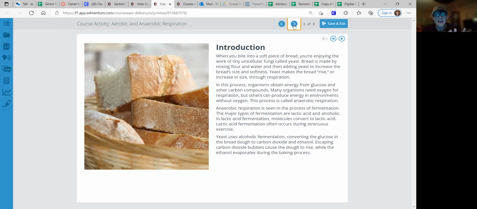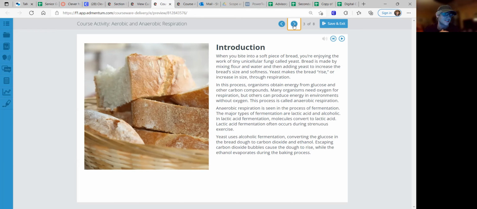Yeast uses alcoholic fermentation, converting the glucose in the bread dough to carbon dioxide and ethanol. Escaping carbon dioxide bubbles cause the dough to rise, while the ethanol evaporates during the baking process. So when you're baking bread, it's not as if it's alcoholic bread.